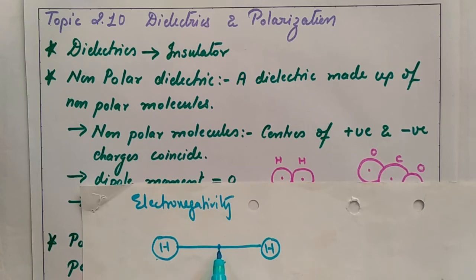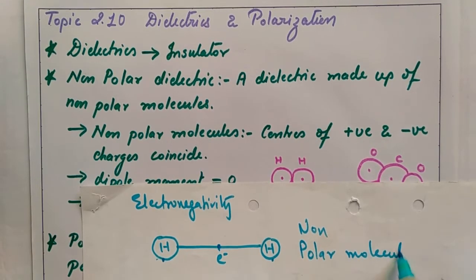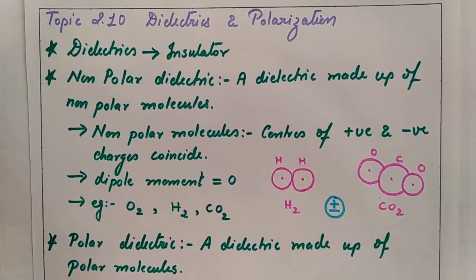So this electron will neither feel any attraction toward this hydrogen nor it will feel any attraction towards this hydrogen atom, because the force exerted by both the hydrogen on this electron is going to be equal. So this electron will remain at the same point at the center only. And as the electron remains here only at the center, we don't have any positive and negative side in this molecule, and hence this is a non-polar molecule.